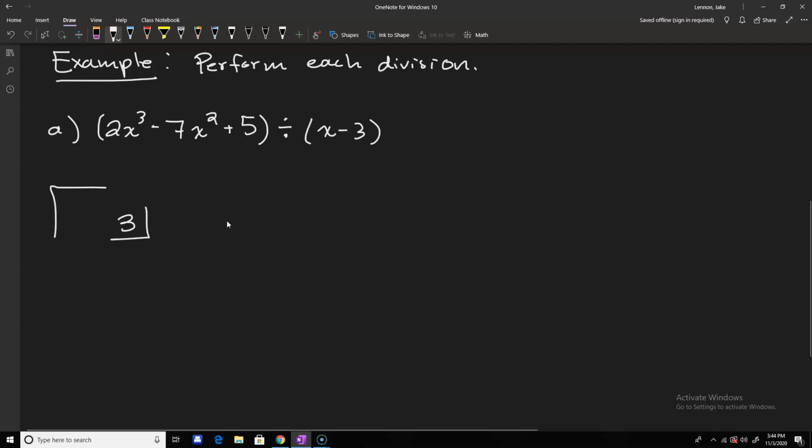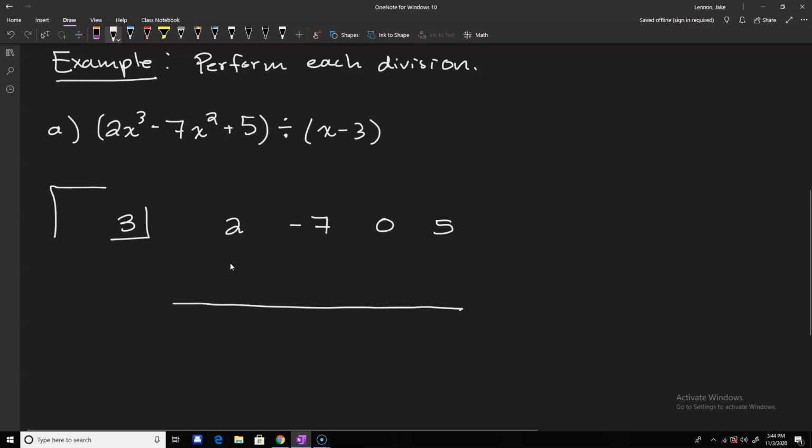So the coefficients would be 2, negative 7. And now notice that there's no x term. It goes from minus 7x squared to 5. So I'm going to put a 0 there because we can think of there as being maybe a plus 0x between the negative 7 and the 5. And then we have 5 here. And so then we draw a line.